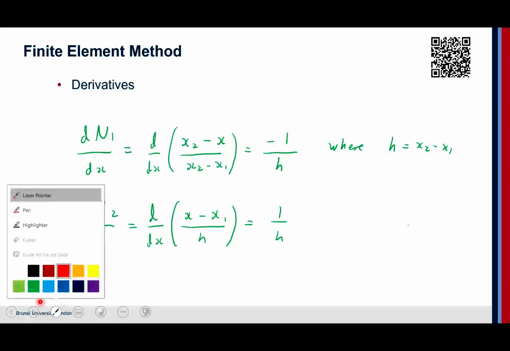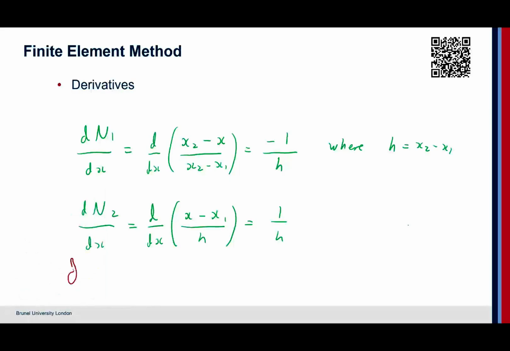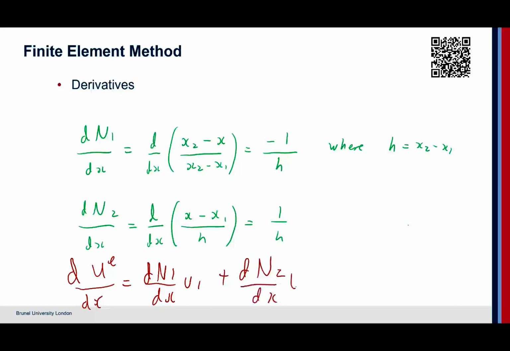And then just to show you the link, du element by dx is equal to dN1 by dx times u1 plus dN2 by dx times u2.